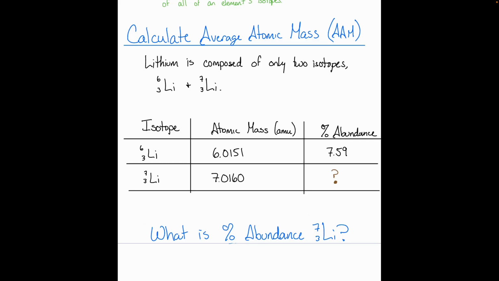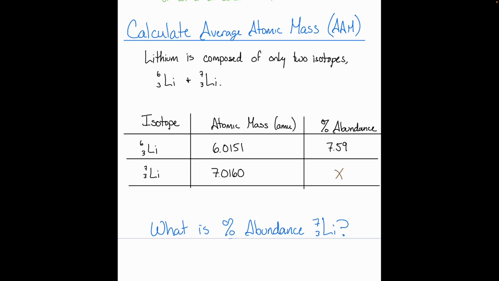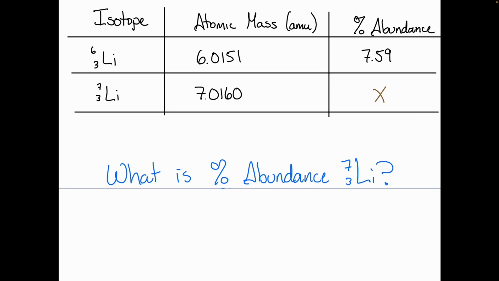So that means let's use a variable instead of a question mark. I'll make this an X. So what I know, because there are only these two isotopes, is that my 7.59% of my lithium-6, lithium-6 plus lithium-7 has to equal 100.